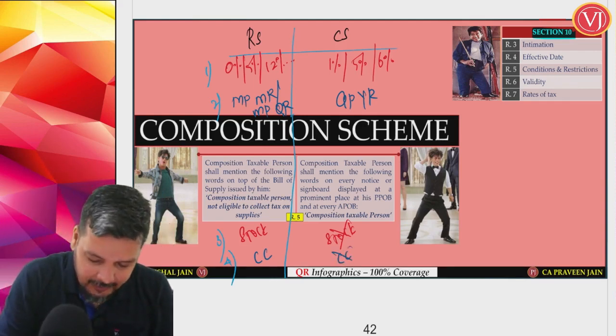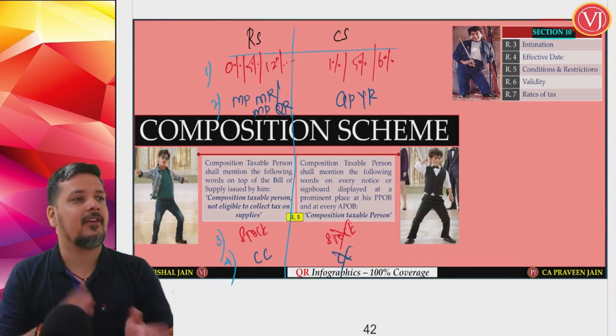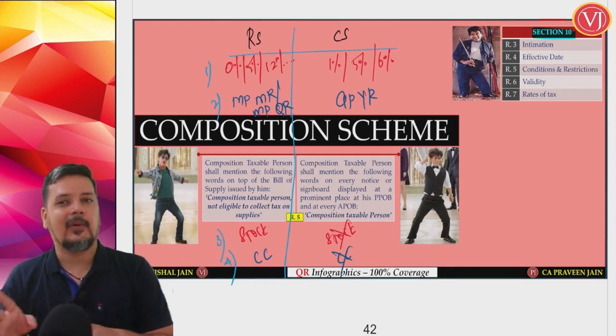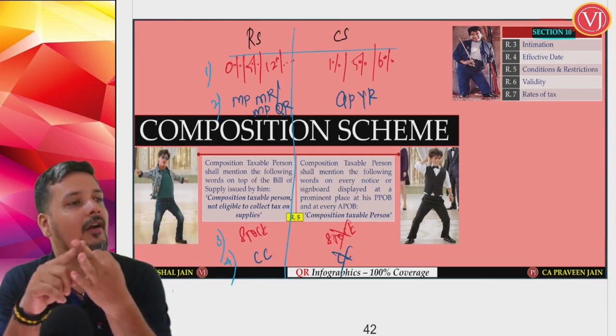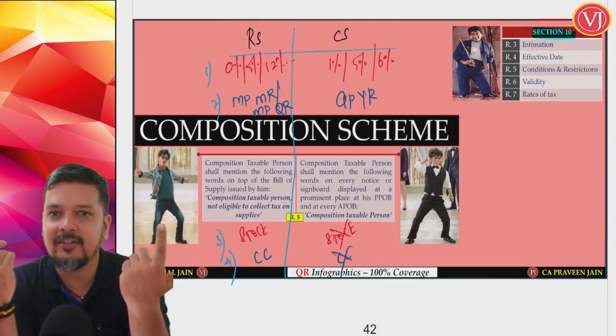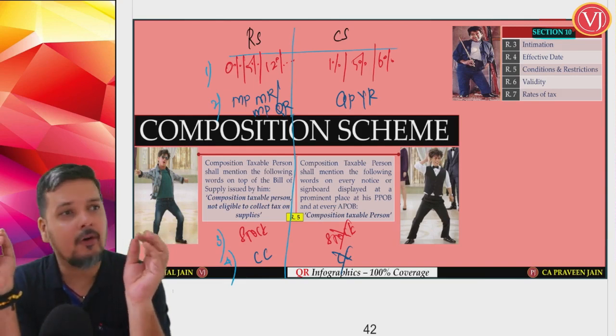Here, whatever is the rate of the item, whether 0, 5, 12, 18, 28, or 28 plus cess, forget about everything. You are going to pay 1, 5 or 6. So obviously compensation cess is ruled out. You are going to pay a simplified rate.